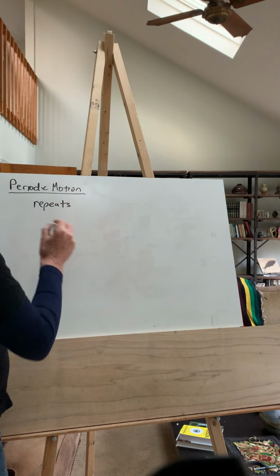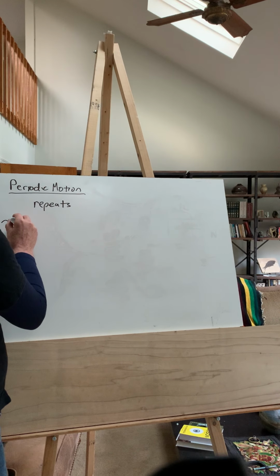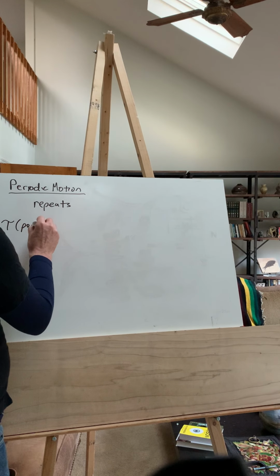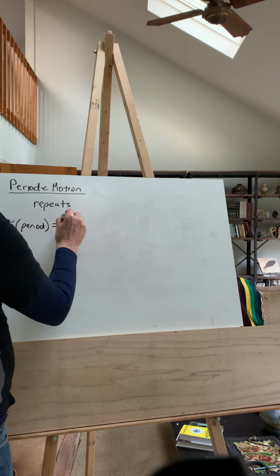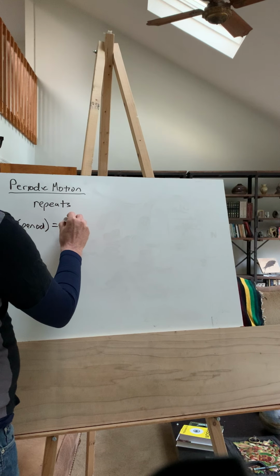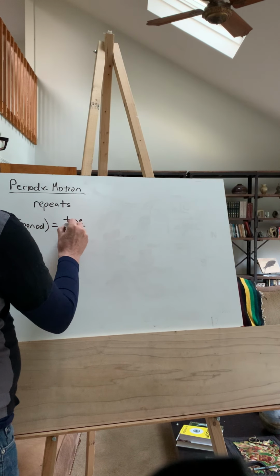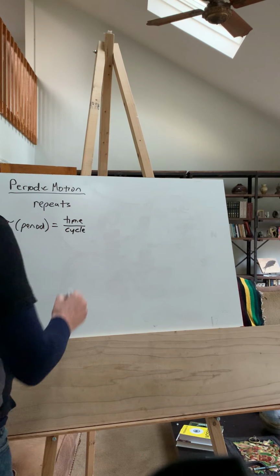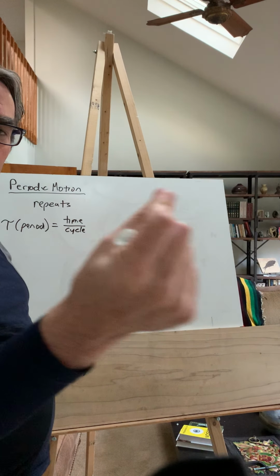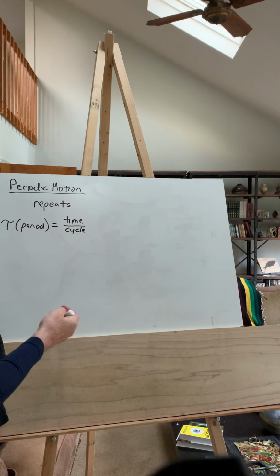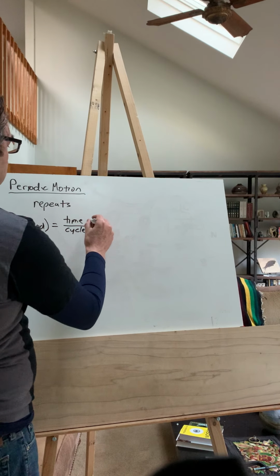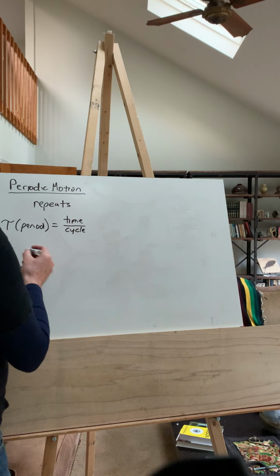So just by way of review, the first is the period, or tau. That equals the amount of time per cycle, right? The amount of time it takes to go through one repetition. And the units for that are seconds per cycle.